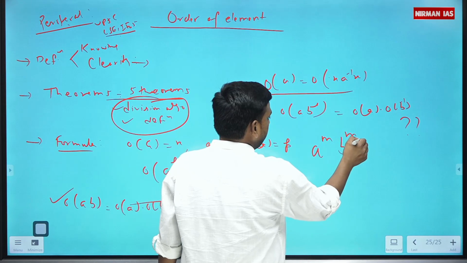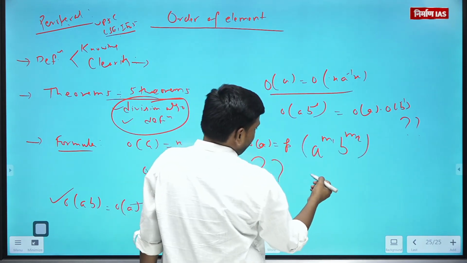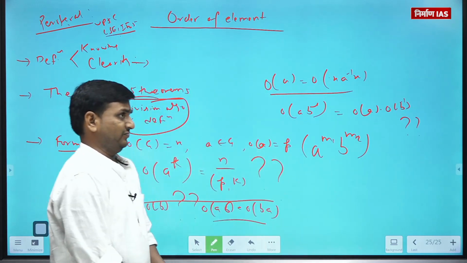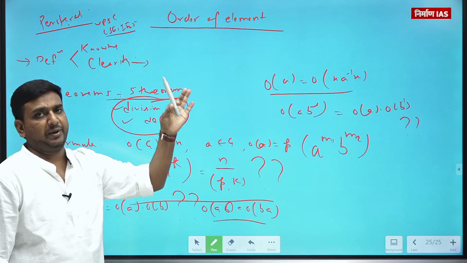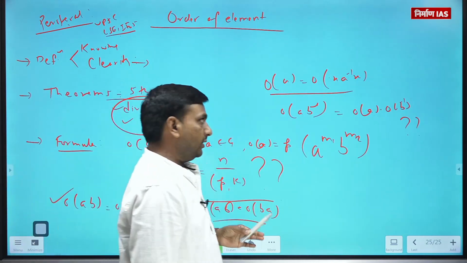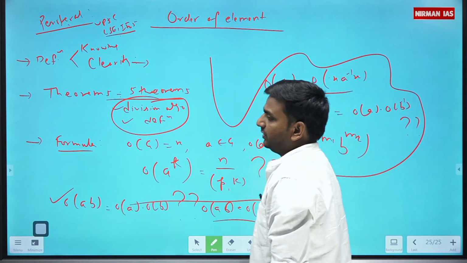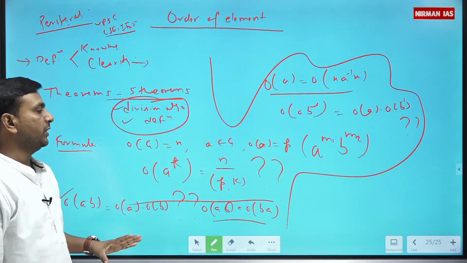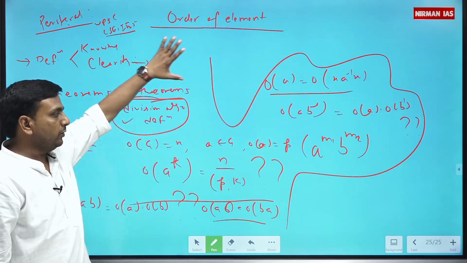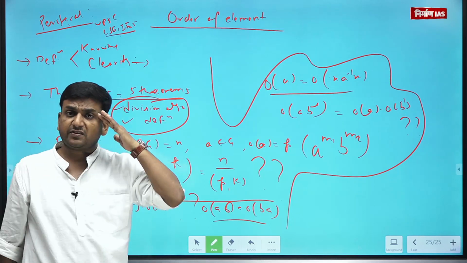Discussing orders for a raised to the power b, m1 and m2, like this. This is the whole periphery of this topic. With experience from my student as well as teaching career, I have concluded that if we are sound in these points, then our mind will be stable.